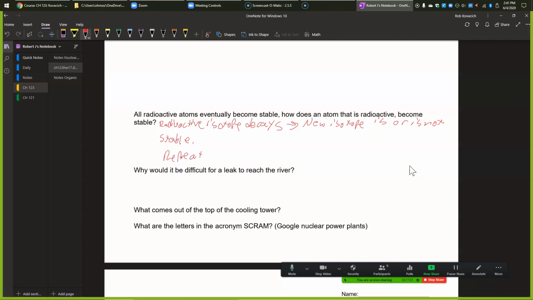That's it. So I've got a radioactive isotope. It decays. The product that's created is a new isotope, and it either is or is not radioactive. And if it's not radioactive, then the process repeats itself until it becomes stable. So all radioactive substances eventually become not radioactive substances.